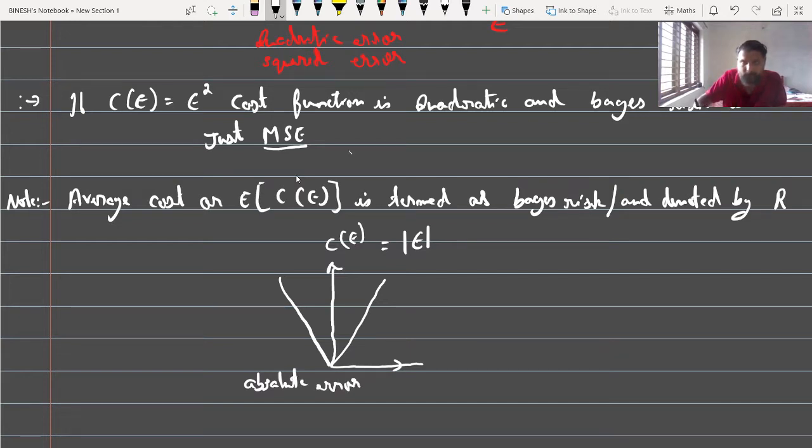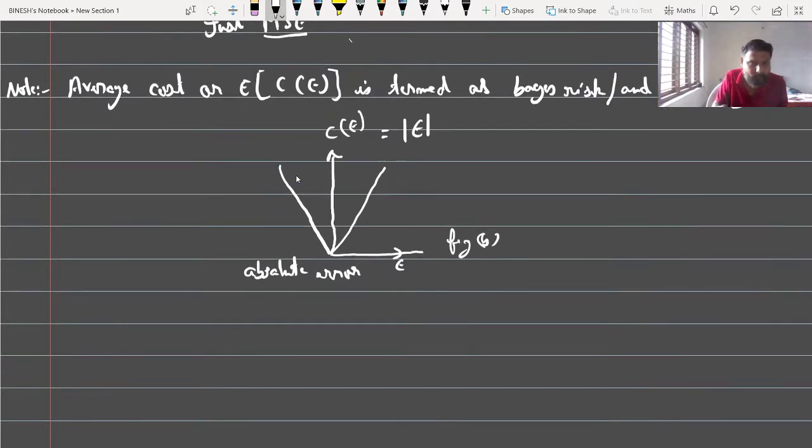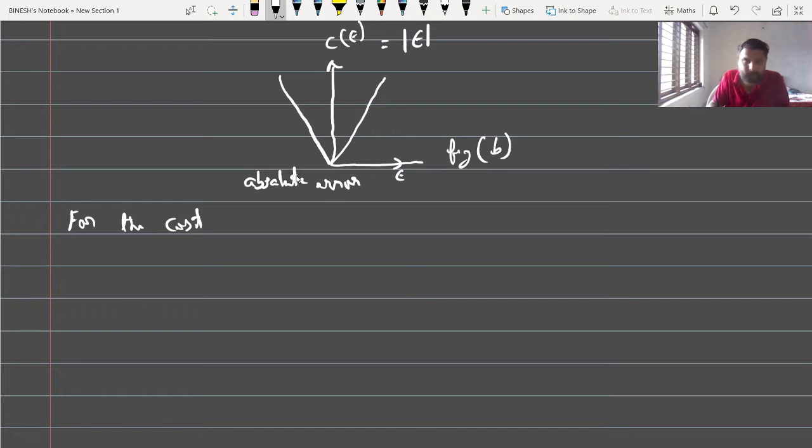Call this figure A, and this figure B. So for the cost function shown in figure B, the cost of e is the modulus of e.